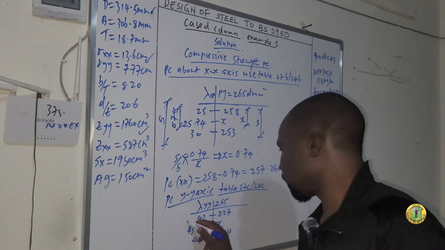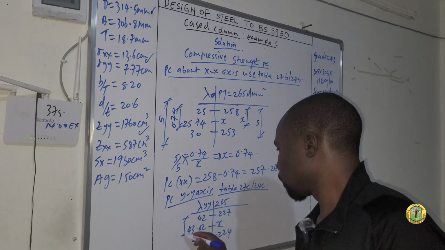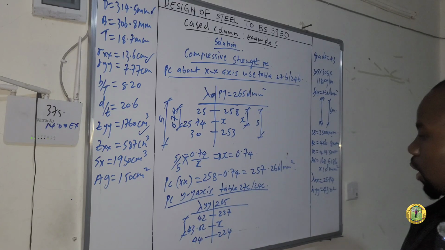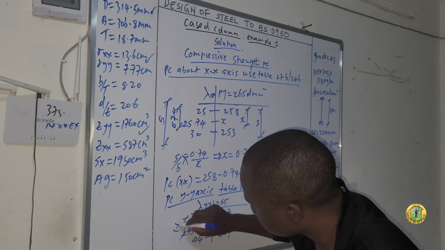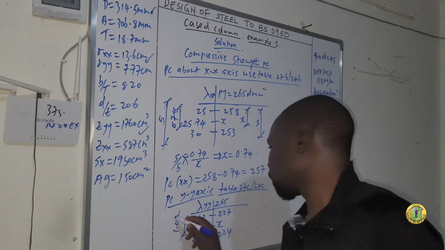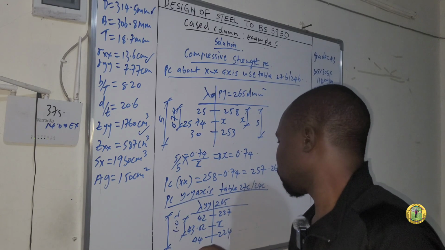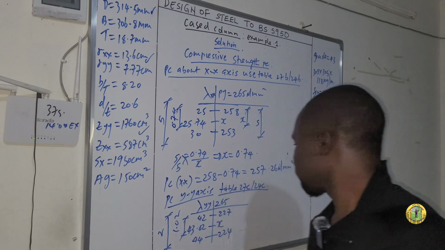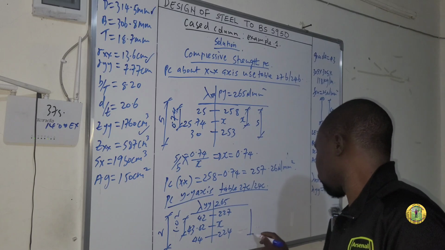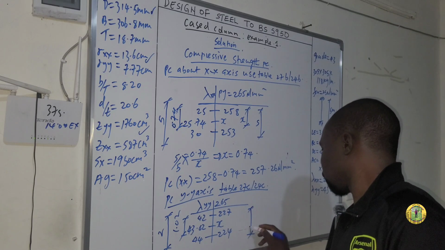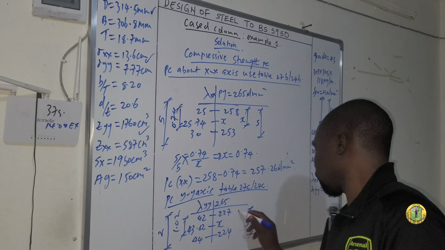So you will get the difference. So here it will be 1.02, and then here this one is 44 minus 42, this is 2. Here we have 3, and then X.